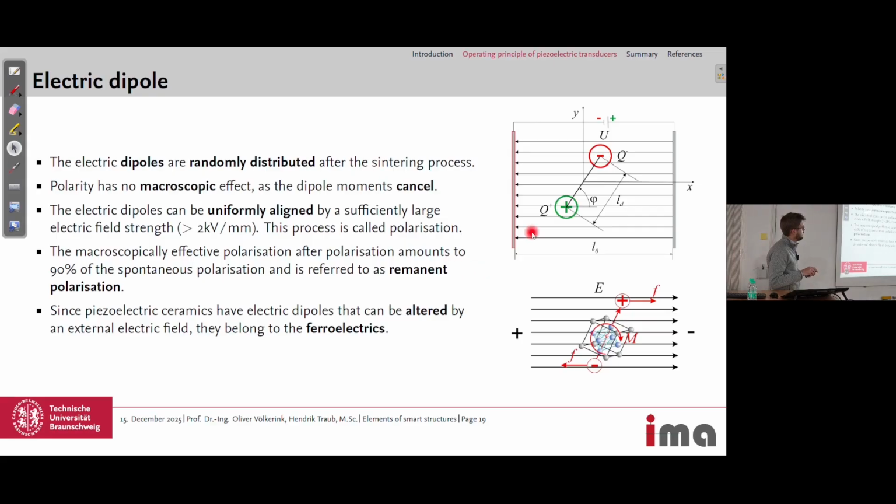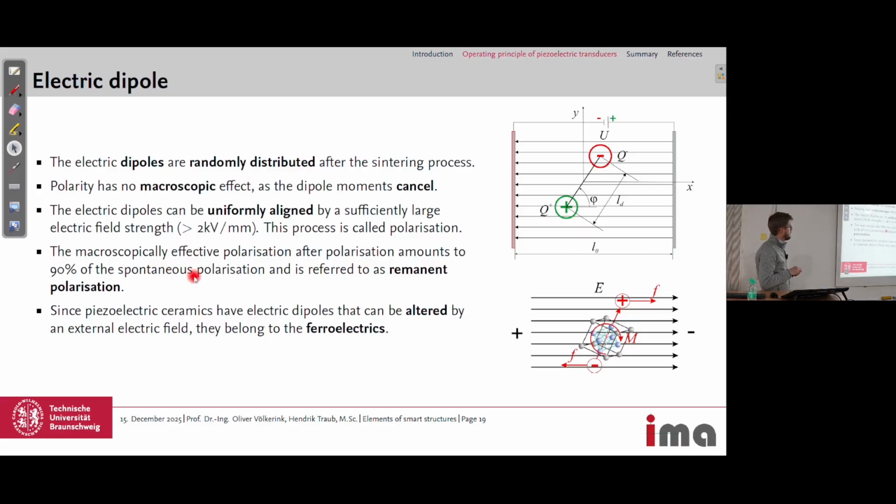So we have this dipole, and we apply an electric field, and then all the dipoles rotate and have nearly the same orientation. And after this polarization, we can use the effect, let's say, on a macroscopic level.